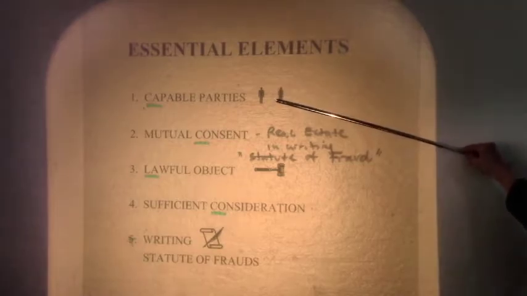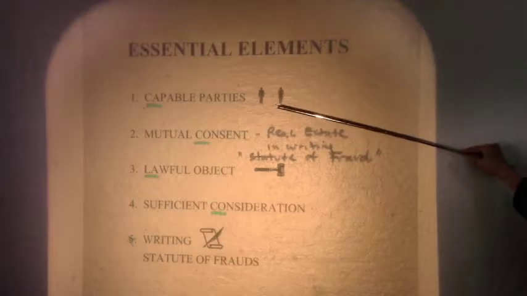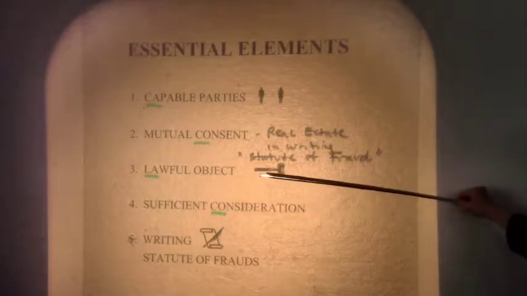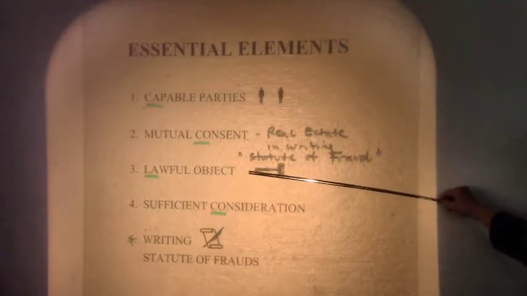Capability of the party means you have to be 18 or over. Consideration doesn't have to be money, it can be love. If I want to give you the house because of love, that's under consideration. And lawful objective, meaning whatever you do has to be within the law.